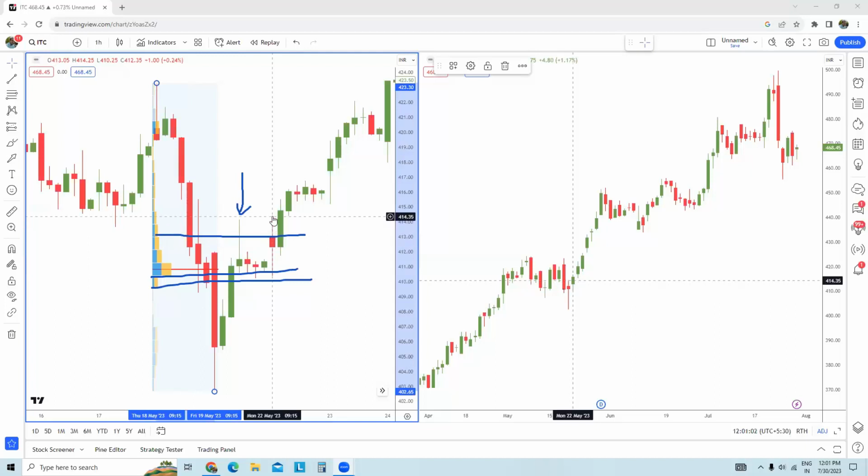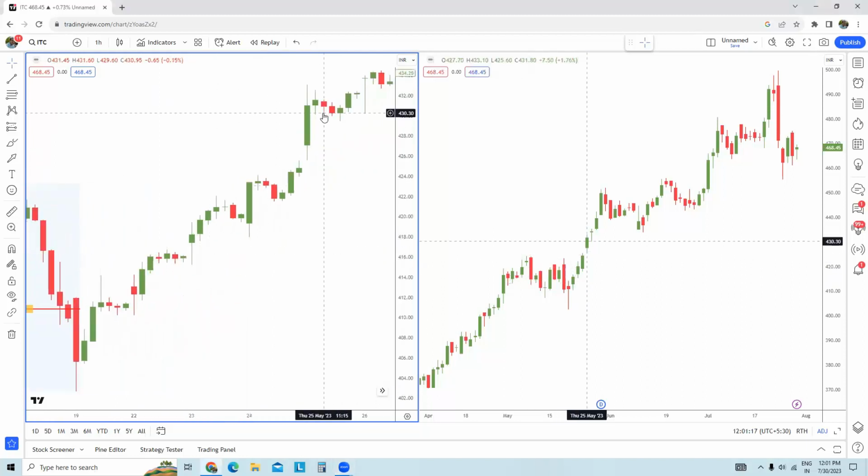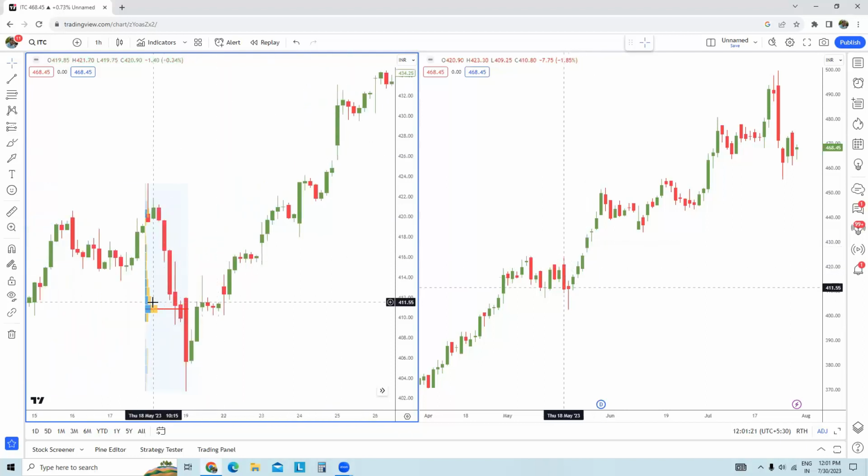It went above till 414.35 and again tested a low of 410. But once price closed above 414.80, above this zone especially, there was no stopping and the short-term rally carried forward. You can see price going almost till 430 or even higher, right?